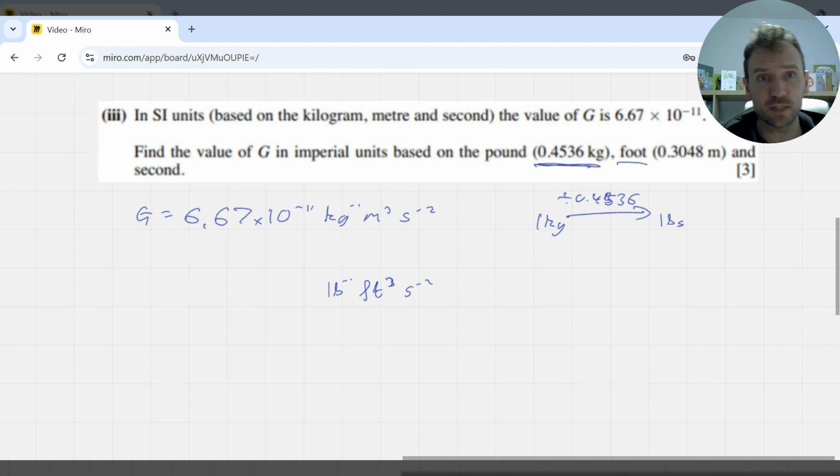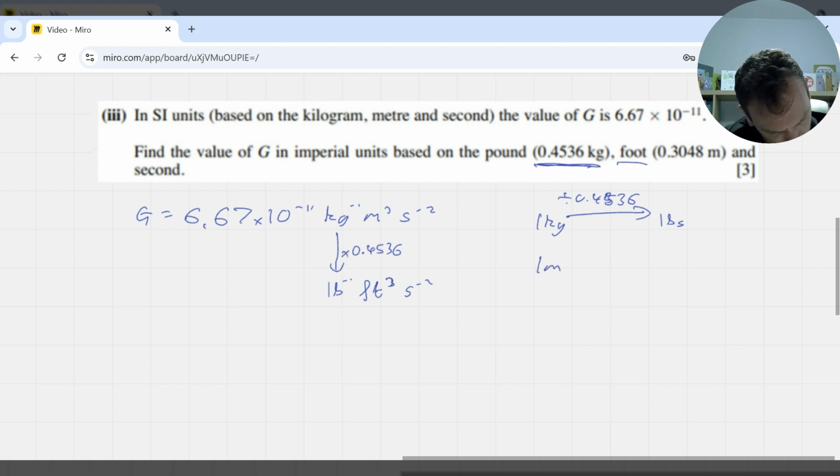But we're changing from kilograms to the minus 1 to pounds to the minus 1. So we're going to want to divide by that thing to the minus 1, which is the same as multiplying by 0.4536.